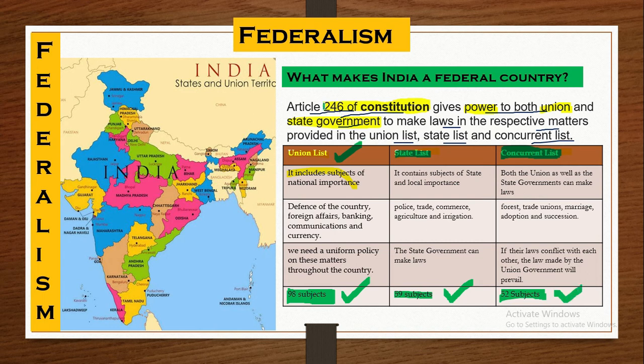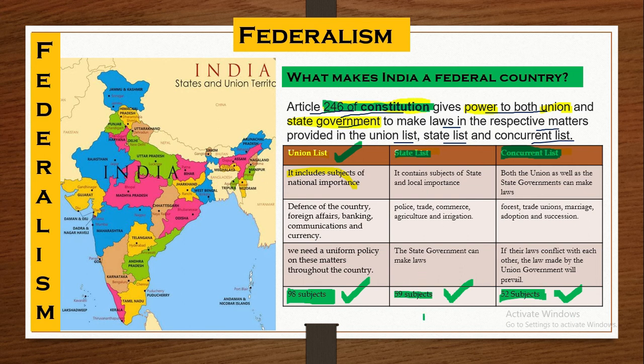Now, which article of the Indian Constitution provides the powers of the state as well as the central government? That is Article 246. Now, what about the subjects that were not mentioned in the union list, state list, or the concurrent list? Those come under the category of residuary subjects, the subjects which are not part of these 98, 59, and 52 subjects.